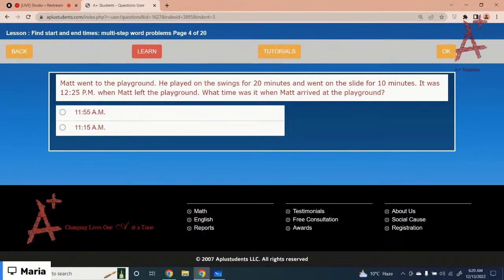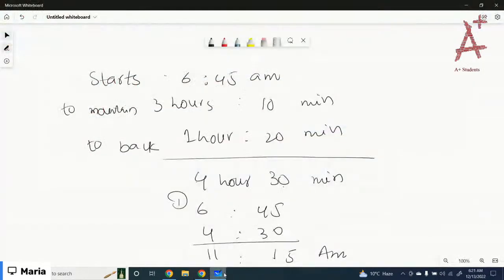Go back 30 minutes from 12:25. So what time is it?